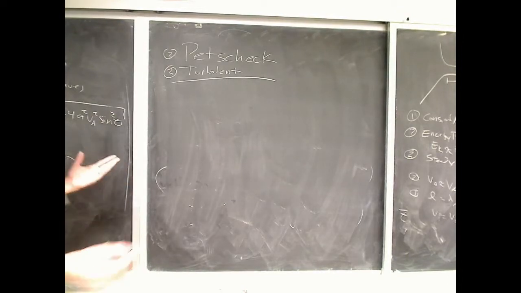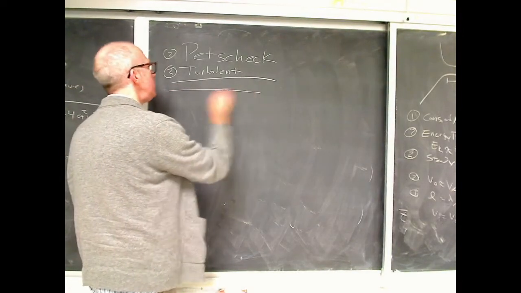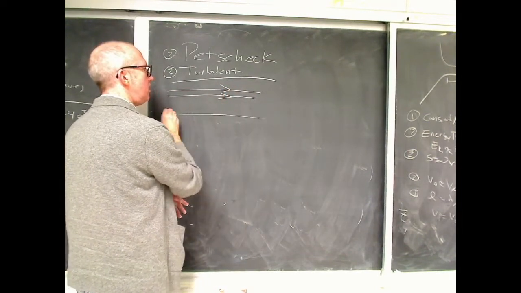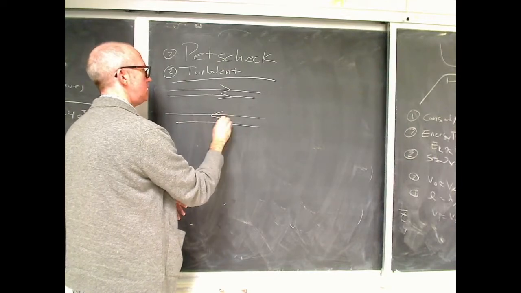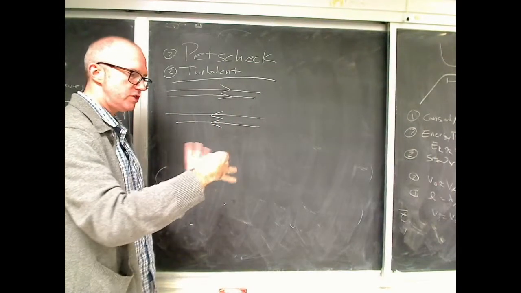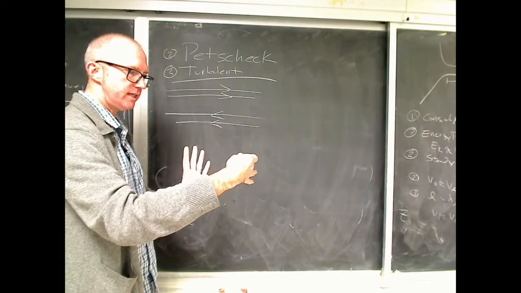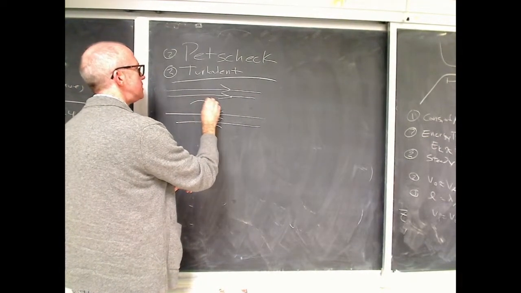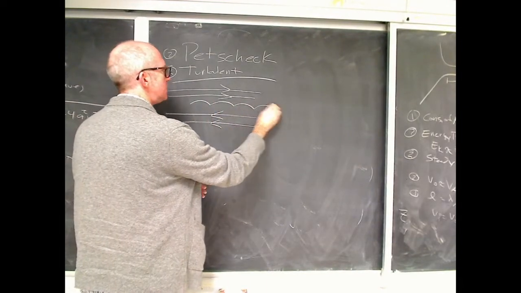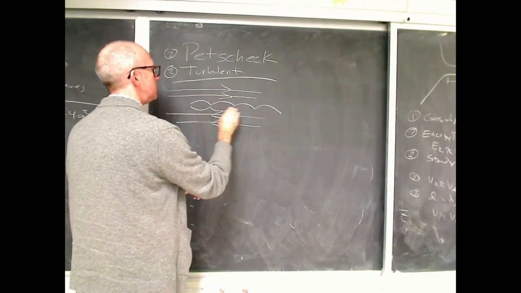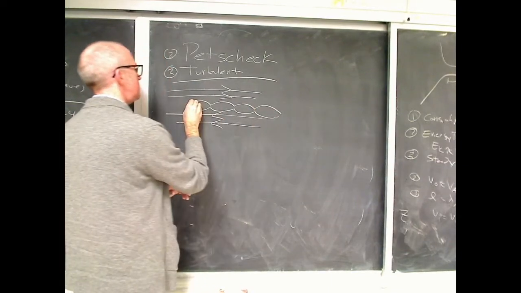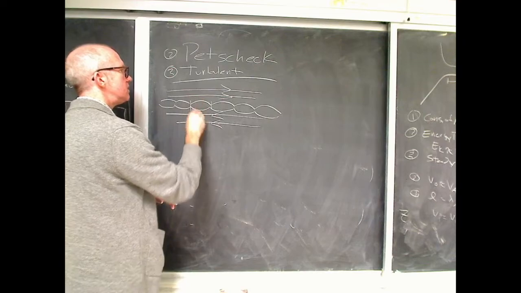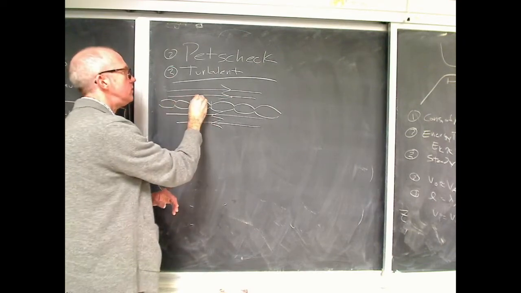So Petschek said, well, okay, what if instead of one large thing that's trying to reconnect a buttload of field at once, we have things that connect like this. So you get these islands of magnetic field that will look like this.